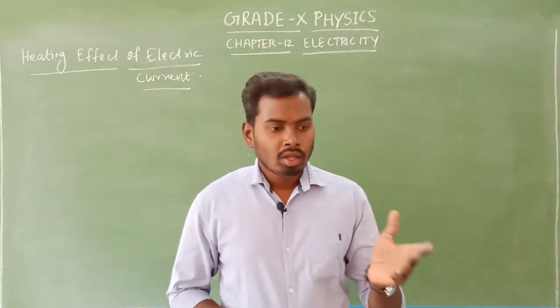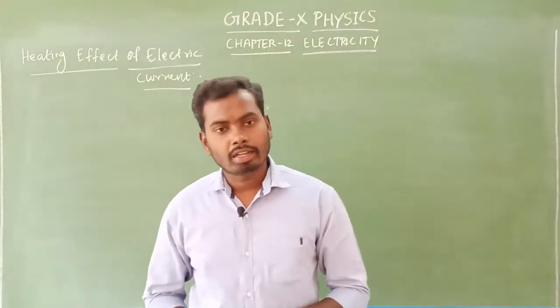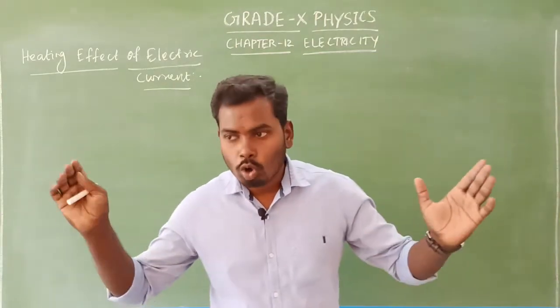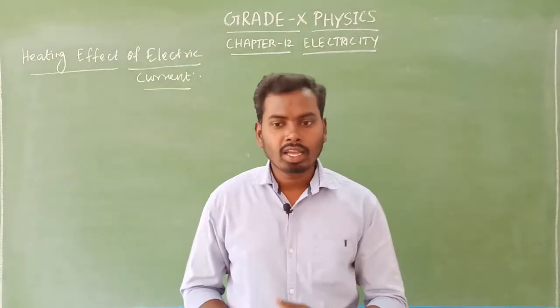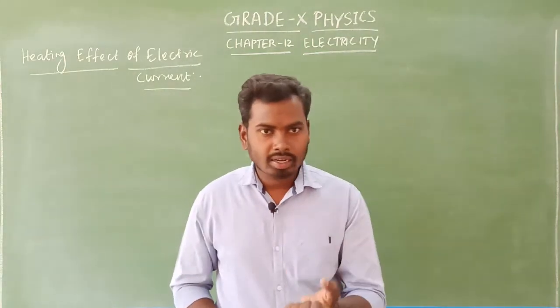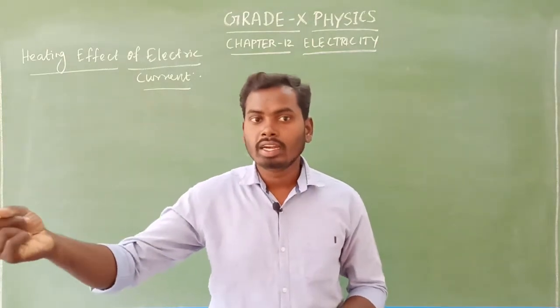Already we know energy can neither be created nor destroyed. We can just convert one form of energy into another form. Most electrical appliances function because of electrical energy. All electrical appliances consume electrical energy and convert it into heat energy.